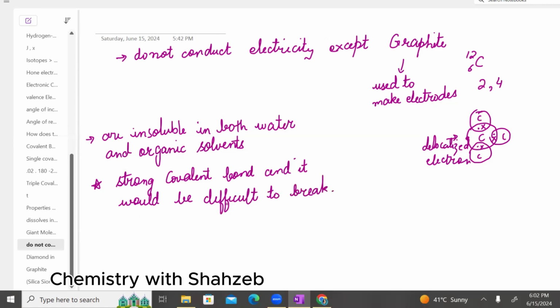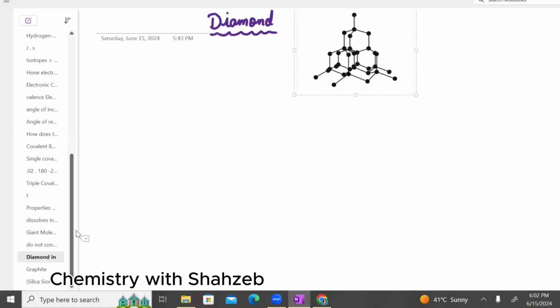So this is all about the properties of giant molecular structures. Now let's move further towards the structure of diamond and discuss some of its uses as well, because they are also asked in the exam.